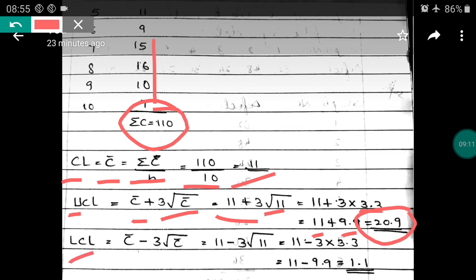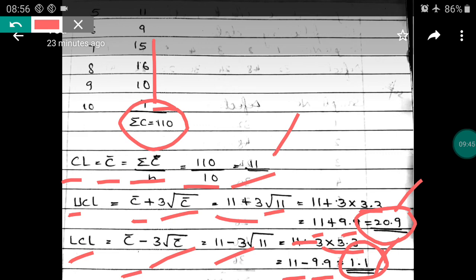Next LCL, C bar minus 3 square root of C bar, equal to 11 minus 3 square root of 11, equal to 11 minus 9.9, so LCL is 1.1. Now we have CL is 11, UCL is 20.9 and LCL is 1.1.